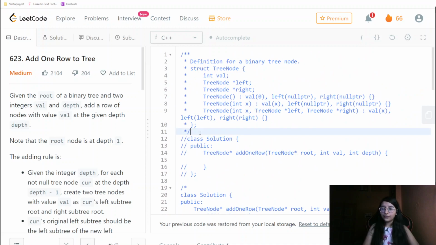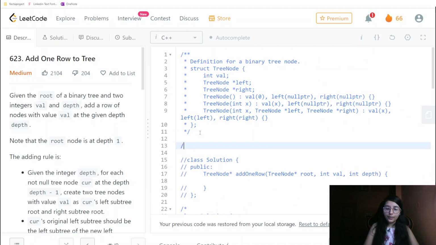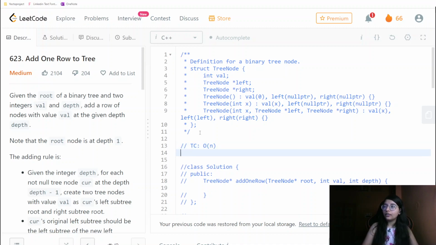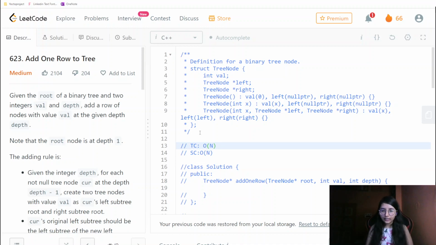The time complexity for this particular question is order of n, and the space complexity is also order of n. The space is because of the recursive stack. Yes, in DFS we are using that recursive stack.